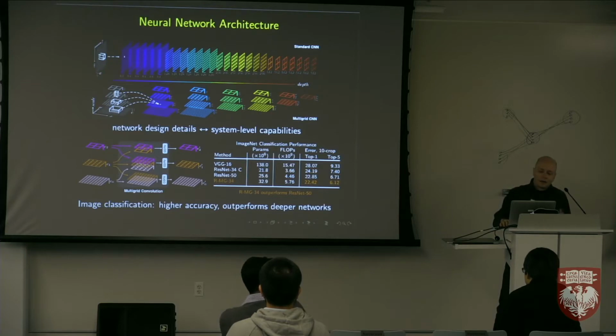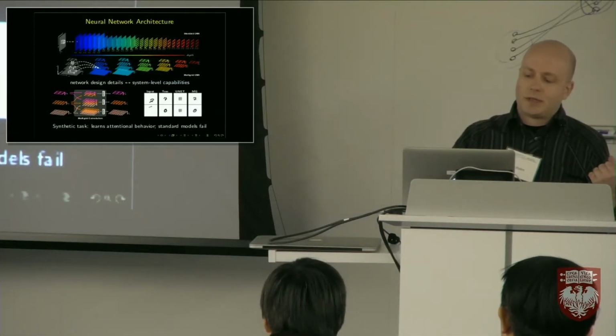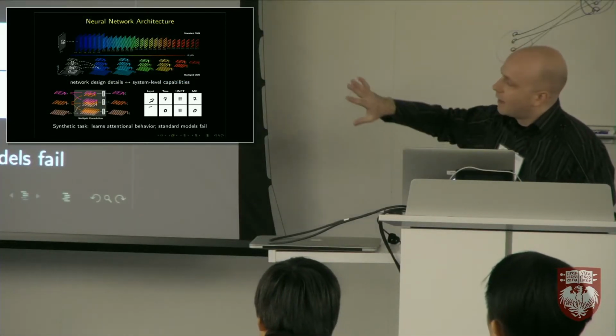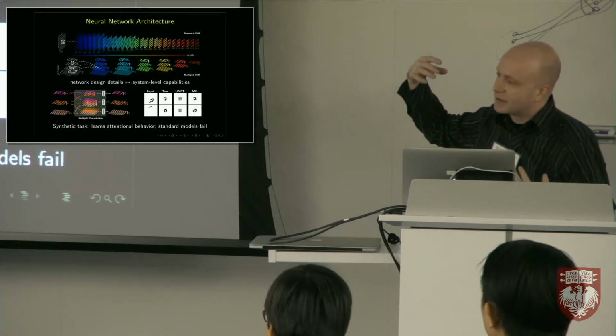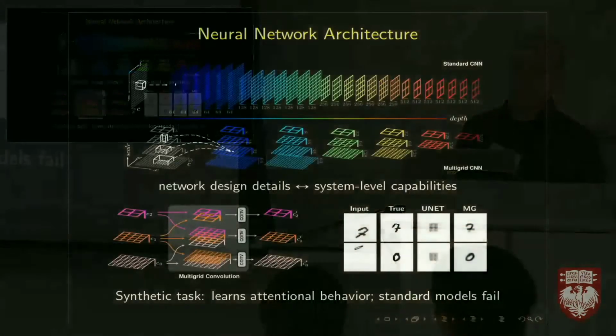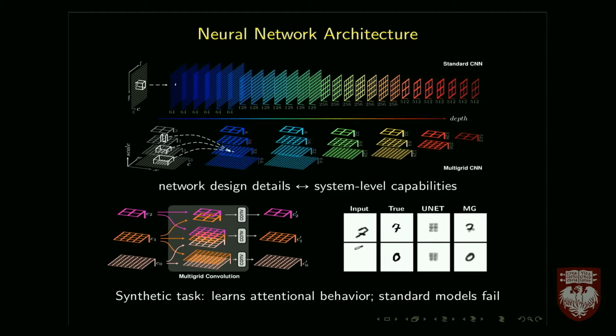We can also have a qualitative advantage with these types of networks if we go back to a very simple synthetic task, one of the earliest tasks CNNs were demonstrated on. A modification of that is this digit distortion task.